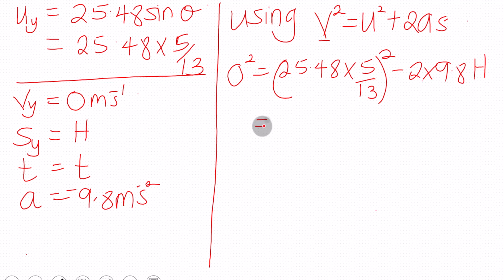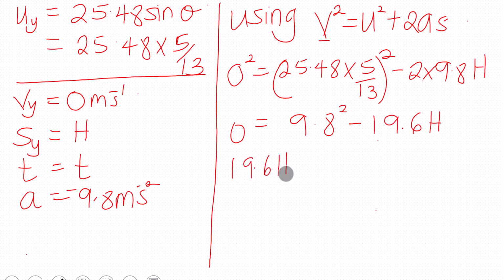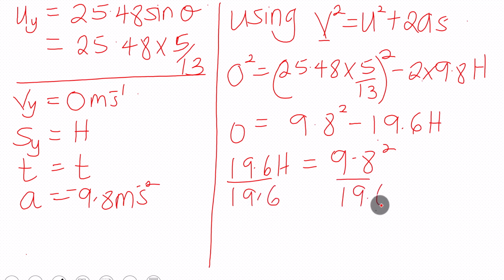So when you simplify this, you'll have 0 equals 9.8 squared minus 19.6 h. When you bring this side, you'll have 19.6 h equal to 9.8 squared. You divide 19.6 by 19.6. You'll end up with your h equal to 4.9 meters. So as simple as that one.